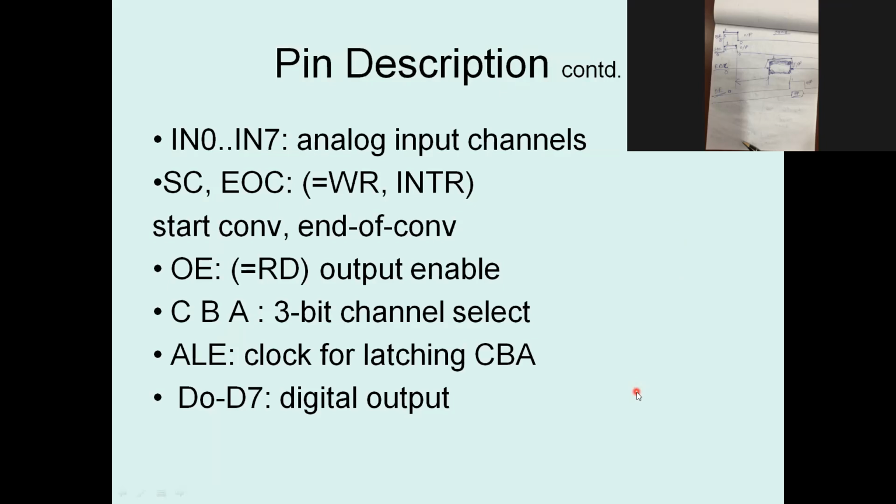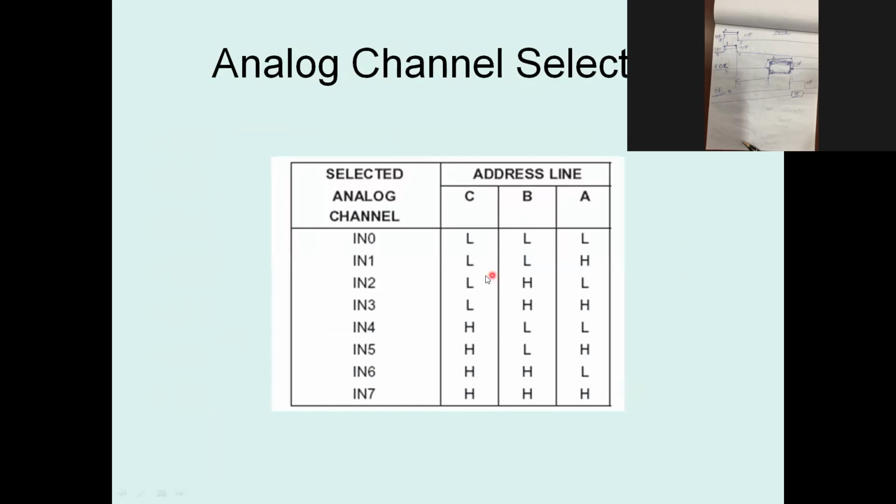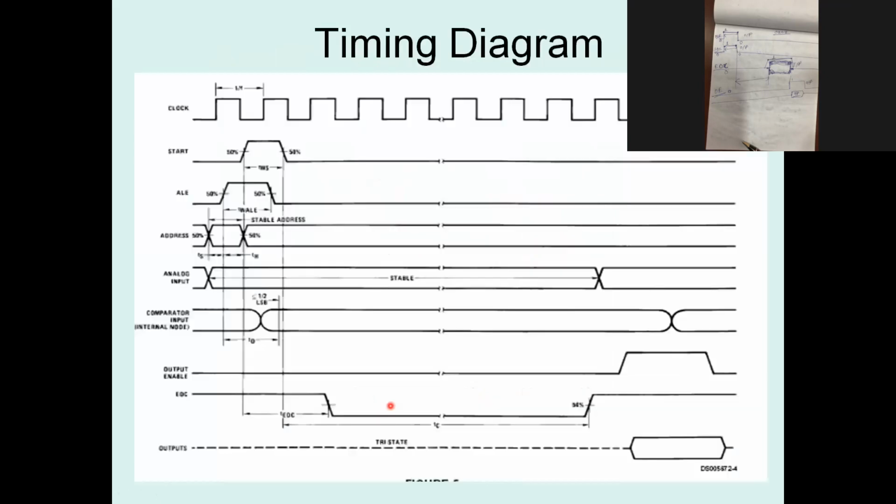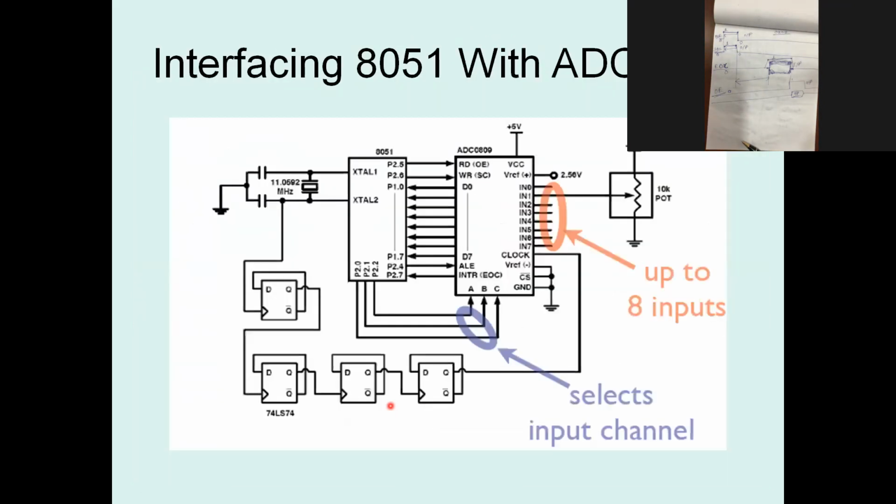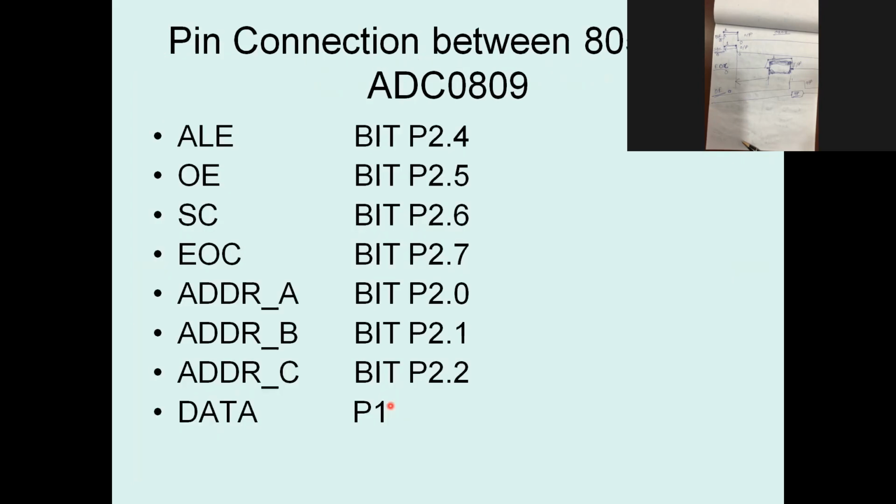These are the pin names. These select which channel will be selected. If 000, then input channel 0. If 111, high, then input channel 7. This was already explained by myself. So this is the diagram I have drawn over here. This is the circuit diagram showing the connections. To understand the program, you should write this down with your pen.